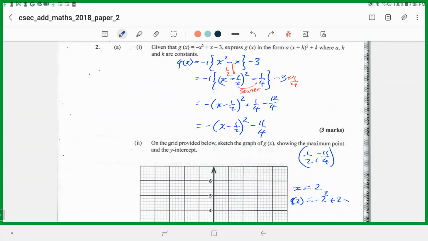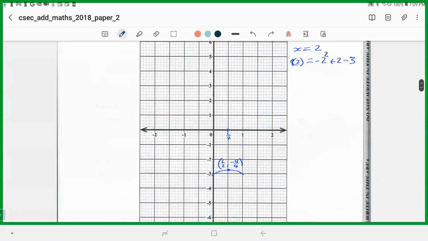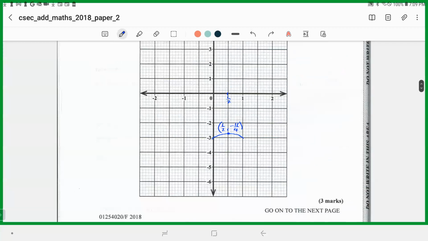What is this equal to? This is minus 4 and plus 2 makes minus 2. Minus 2 and minus 3 is minus 5. So when x is 2, we're at minus 5. We're right here.